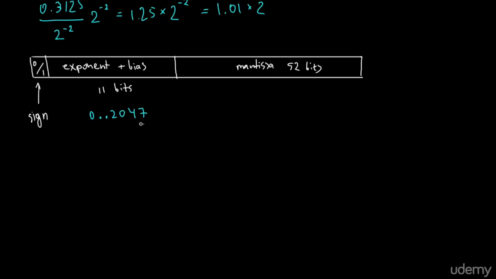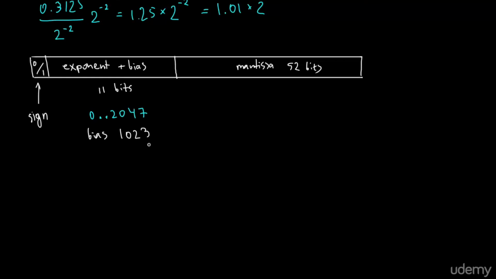So instead of using this range, we essentially add a bias. So we say that we're going to use a bias value. And in this case, the bias value is somewhere halfway down this range. So the bias value of 1023.